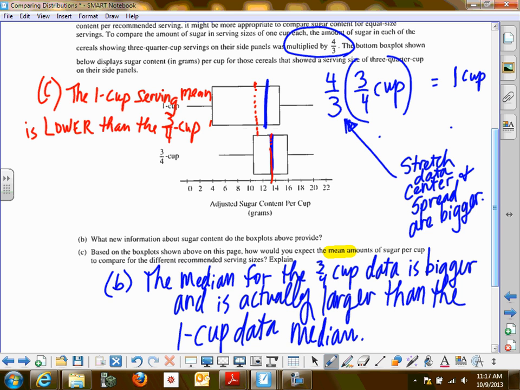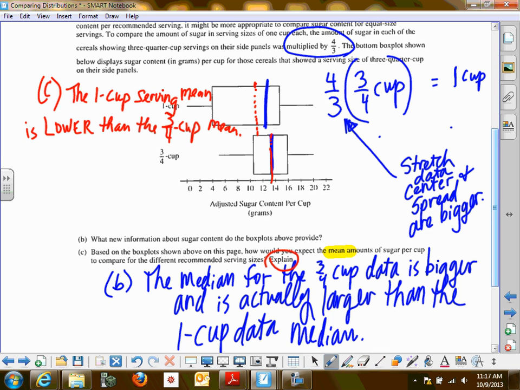Okay, notice the question says to explain. Basically, how did I come to that decision? So, I told you the 1 cup mean is lower. Fine. That's probably going to get you partial credit. But you have to get full credit by explaining how you came to that conclusion. And so how could I say that?